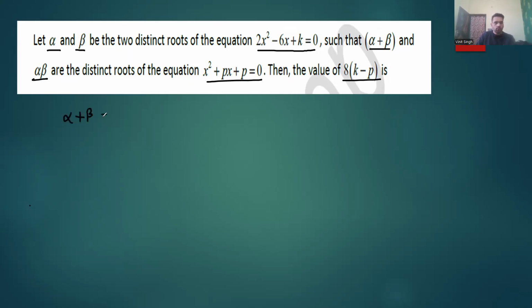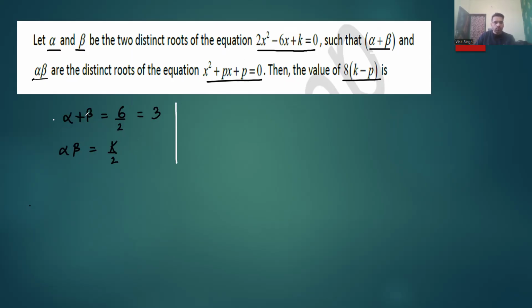Sum of the roots is equal to minus b upon a, 6 by 2, 3. Product of the roots is c upon a, k by 2. So these are the sum of the roots and product of the roots. And these two roots, alpha plus beta and alpha beta, are the roots of this equation.